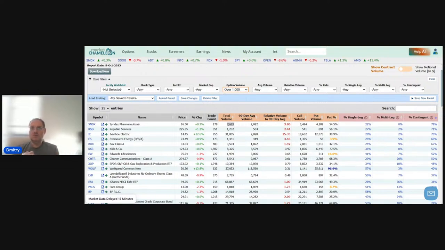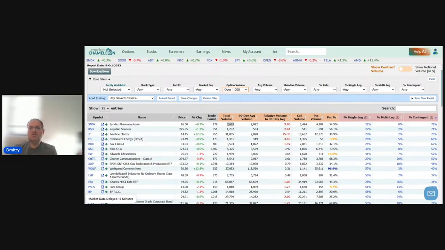So think of it as if you're buying a put, selling a call, buying stock against it, right? So if you're buying an out of the money put, selling an out of the money call, buying stock. Here you're kind of doing it with a put spread. And that's kind of the takeaway from this very large trade.